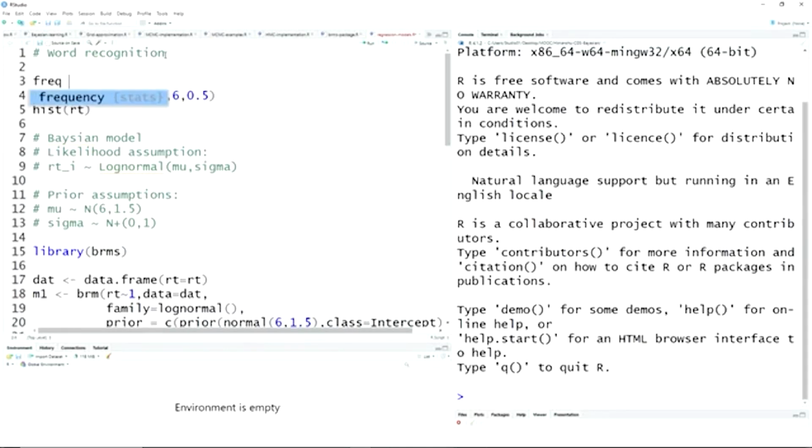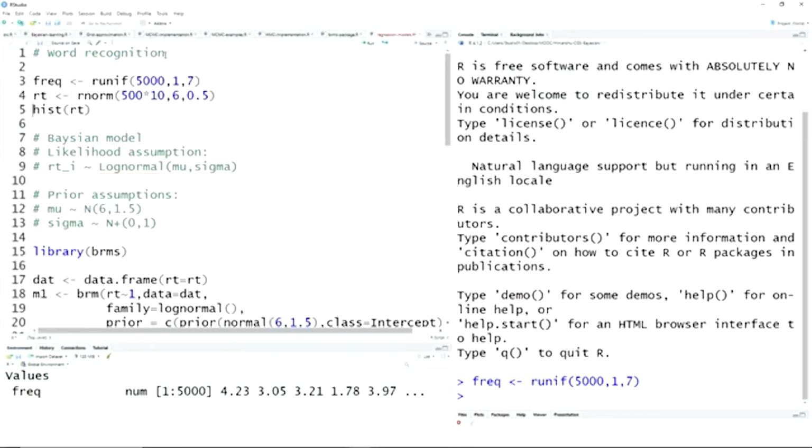So let me first sample frequencies for different words from a uniform distribution. Actually, I'm just trying to generate fake data. In practice, you would get these frequencies from some corpus. If you're doing a word recognition task, you will get frequencies of words from the corpus. So I'm generating 5,000 frequencies between 1 and 7.